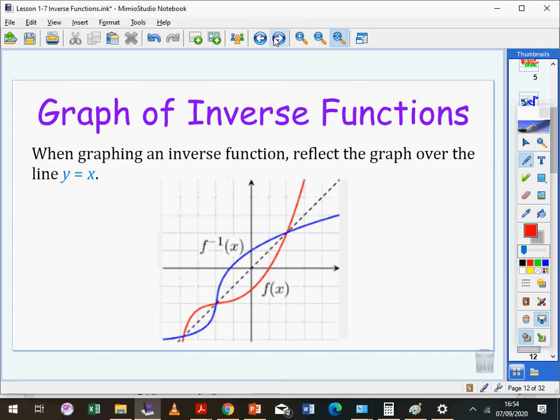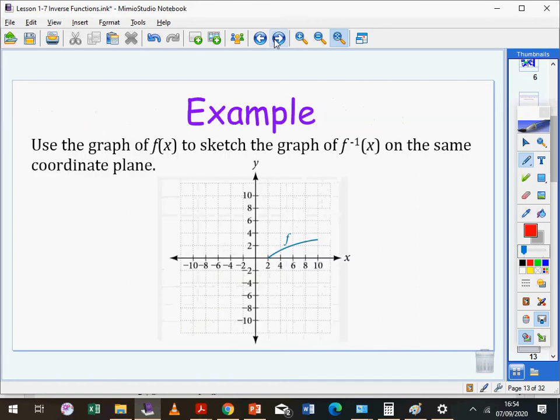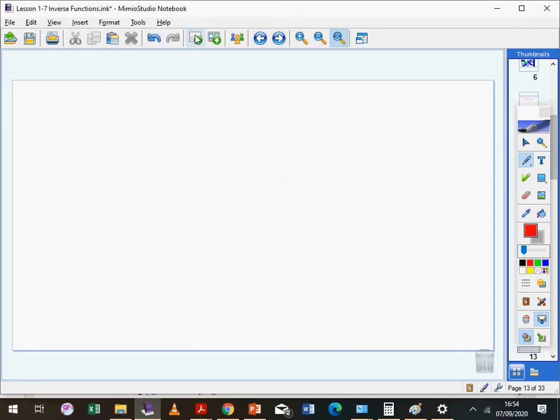Graph of an inverse function. So when I'm graphing an inverse function, I just need to reflect the graph over the line y is equal to x. And I'll show you, again, going back to this example of f of x equals x squared, and its inverse equals the square root of x. So we have agreed that this one can have an inverse over the domain 0 to infinity.